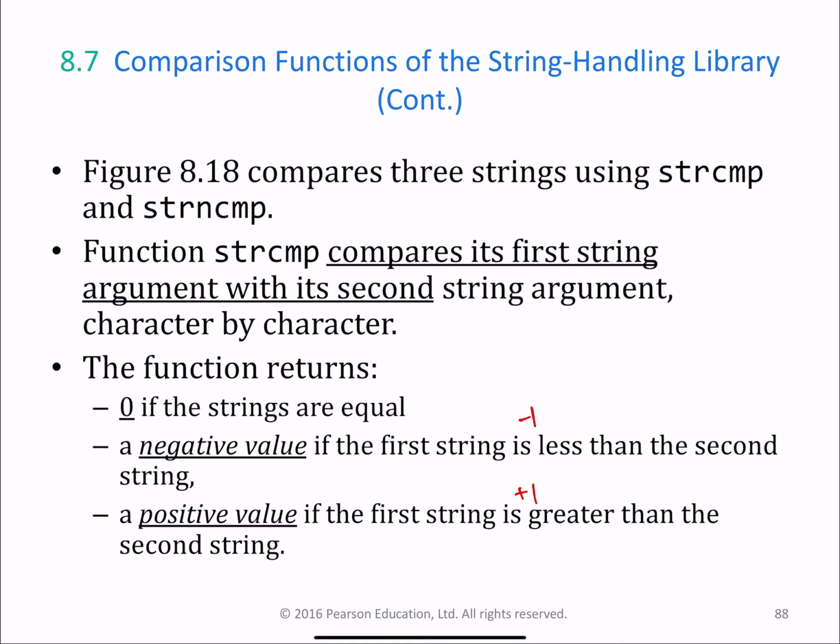It returns a negative value if the first string is, and this is interesting, less than the second string. It returns a positive value if the first string is greater than the second string. Now, what do we mean by a string being less than or greater than another string? I mean, we are familiar with what it means for one number to be less than or greater than another number, but how does that make sense for strings?